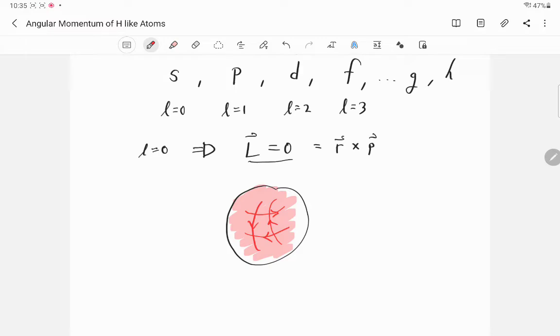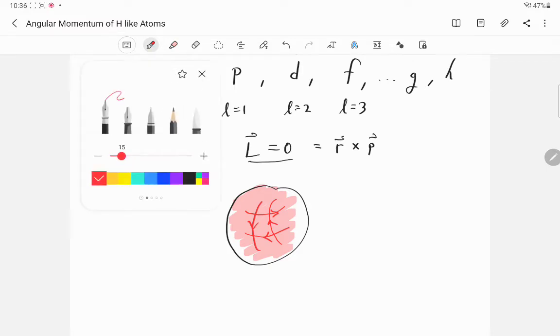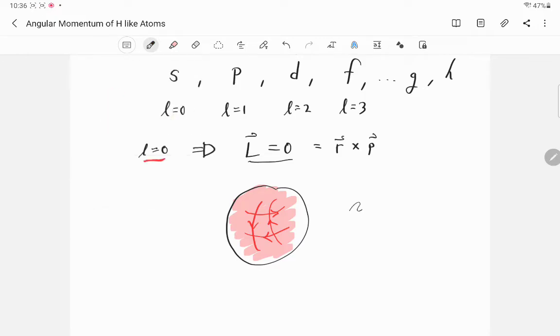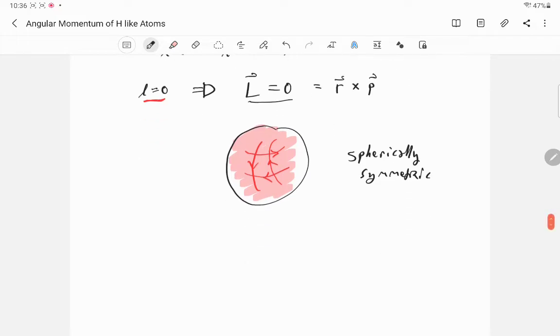So we say this orbital configuration, or this shape for the electron orbital, is spherically symmetric. There is no overall angular momentum. And when L equals 0, m sub L only has one value, 0. So this means that there is no z component to the angular momentum.